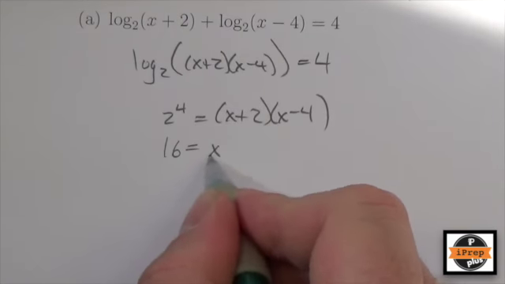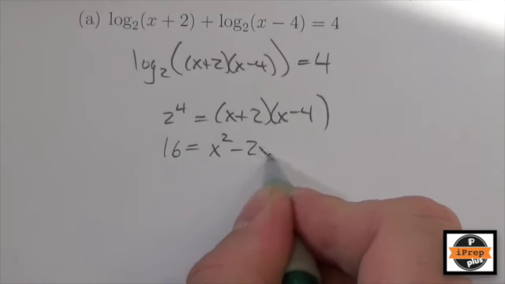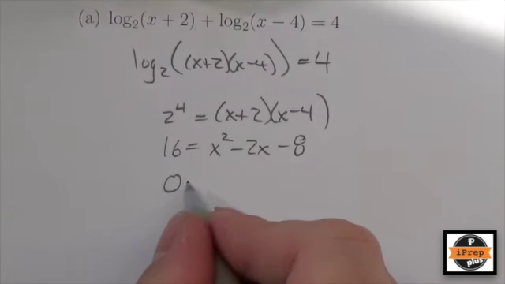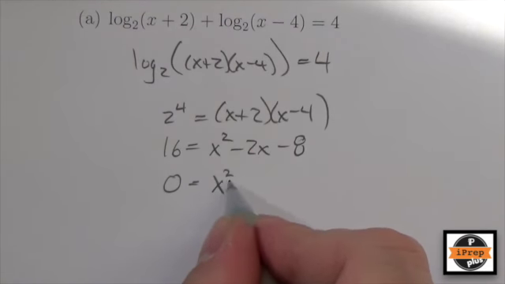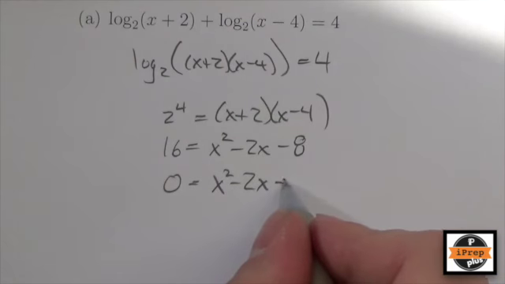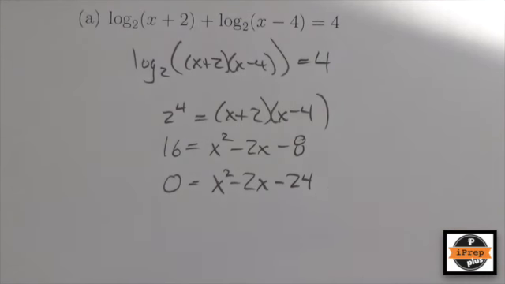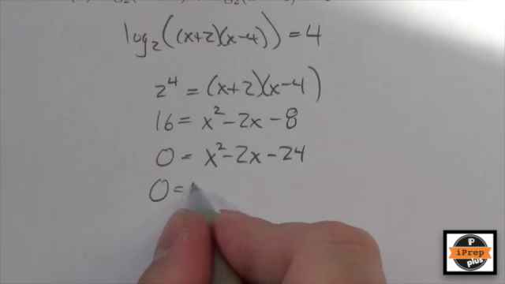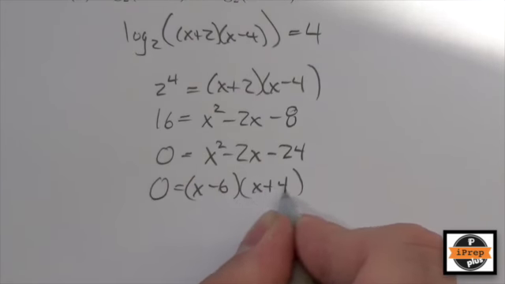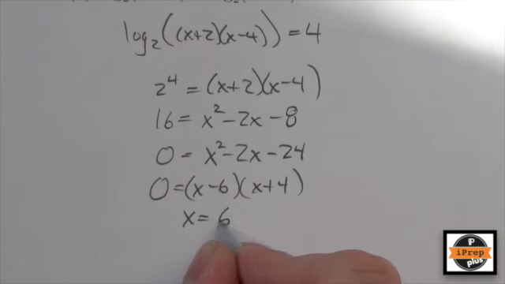When I expand this out, this will be x squared minus 2x minus 8. It's a quadratic. I'm going to want to set that equal to 0. So I'll take negative 8 and subtract the 16 to get negative 24. And now when I factor that, I will get x minus 6, x plus 4. So x is either equal to 6 or negative 4.